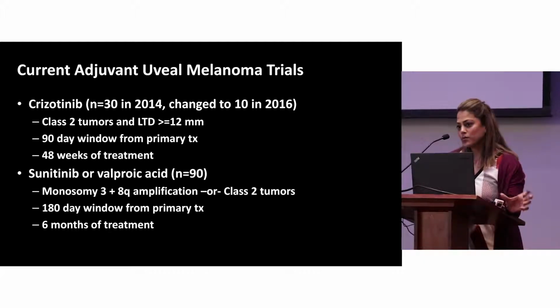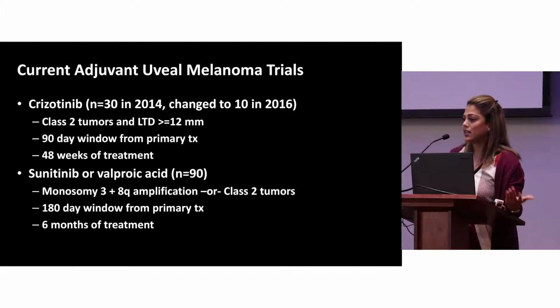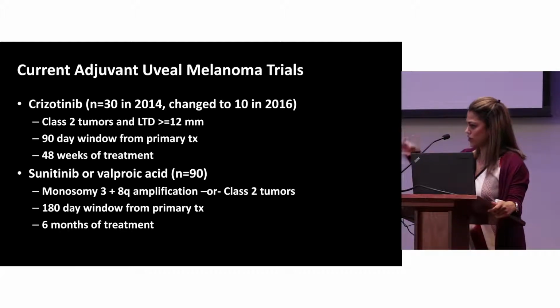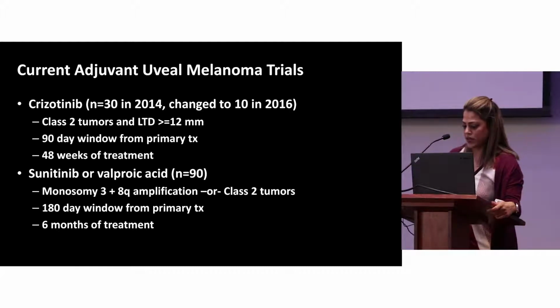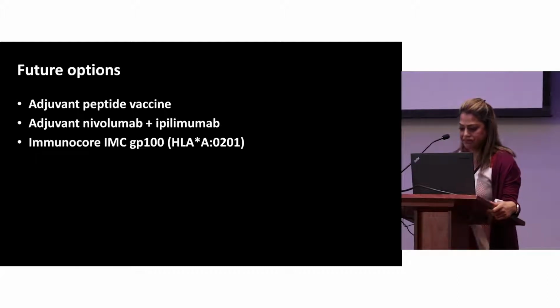And the 2 arms are not being directly compared to each other. So it's not asking, is one of these drugs better than the other? It's just looking to establish at 2 years how many patients have progressed, and at 3 years how many patients have progressed. So you'll never be able to finish the study and say that one drug is superior to the other. It's really just information gathering for the 2 arms.